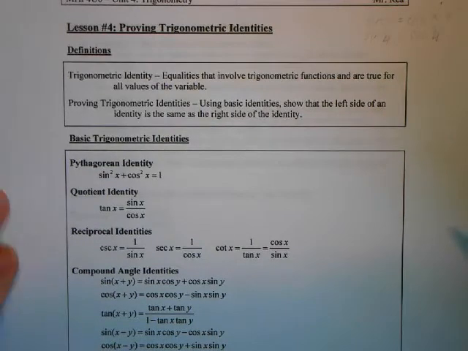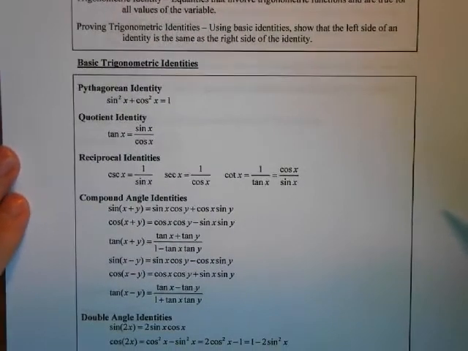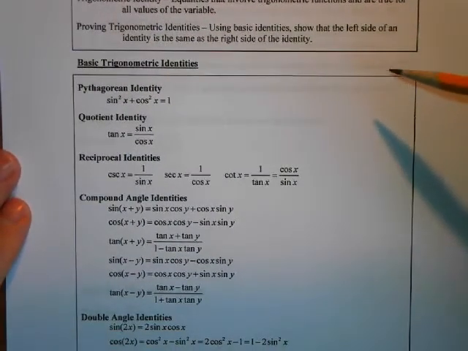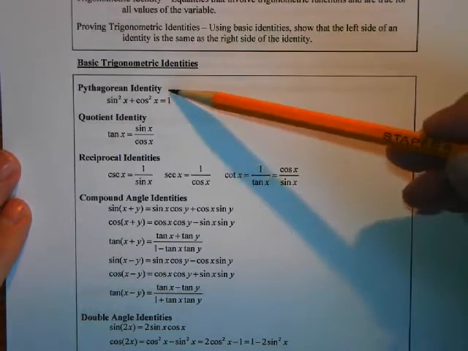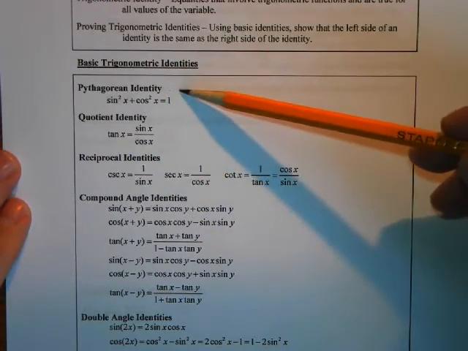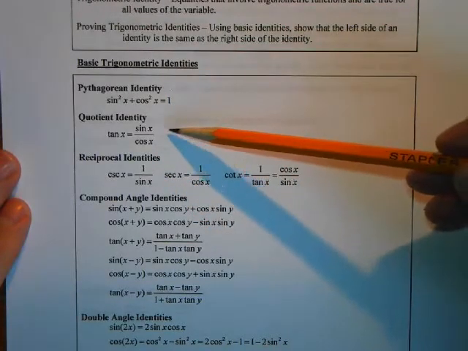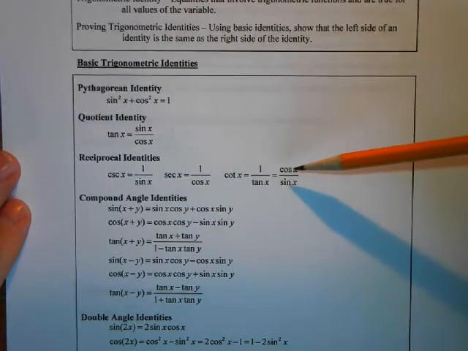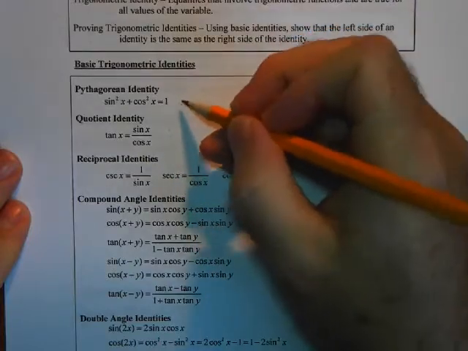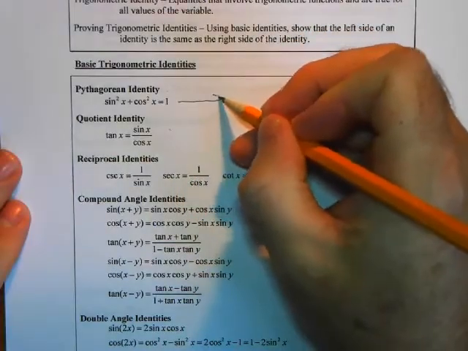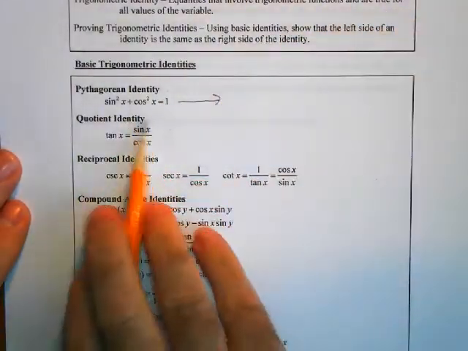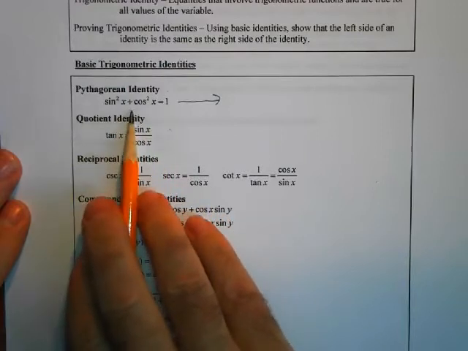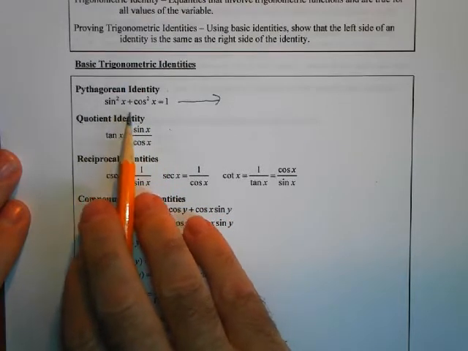So what are these basic identities? If you go back to grade 11, we only had these: the Pythagorean identity, the quotient identity for tan, and the reciprocal identities for the secondary functions. For the Pythagorean identity, there are actually two other versions that are quite useful.